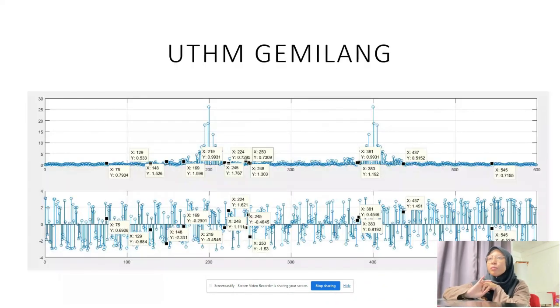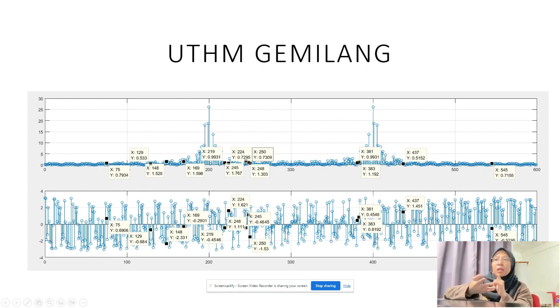So let's dive in. UTHM Gemilang, this is how we encode the alphabet. We try to find each signal that can encode each alphabet.